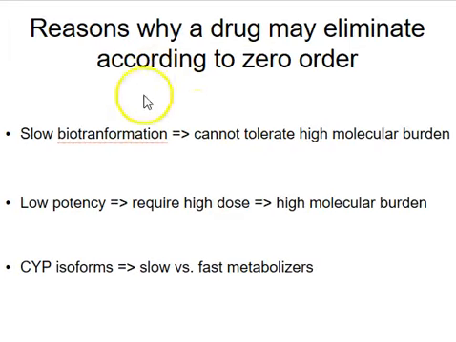Other things that feed into zero-order reaction kinetics include a slow biotransformation rate, so the body, for various reasons, cannot accommodate a high molecular burden of these compounds. Some of these drugs are low potency, so they require high doses, and that increases the molecular burden. Phenytoin specifically is associated with numerous CYP isoforms.